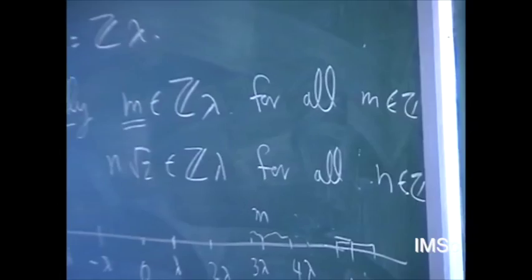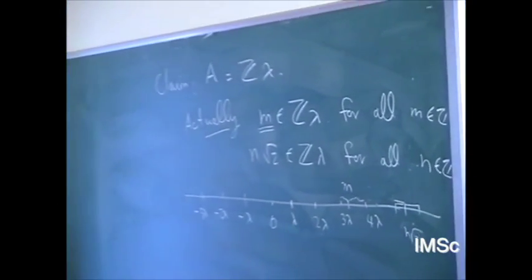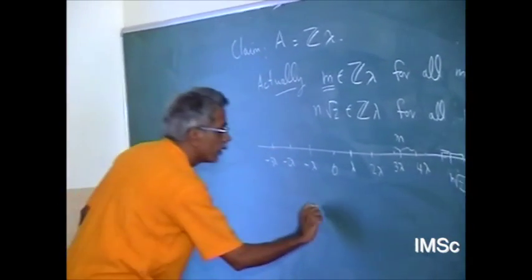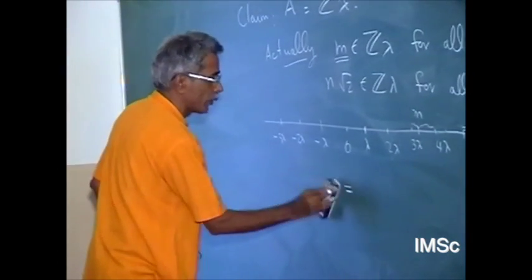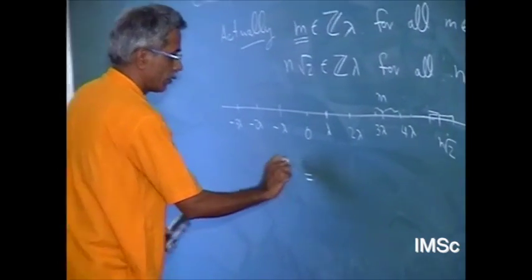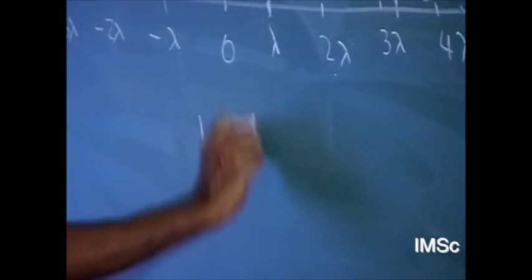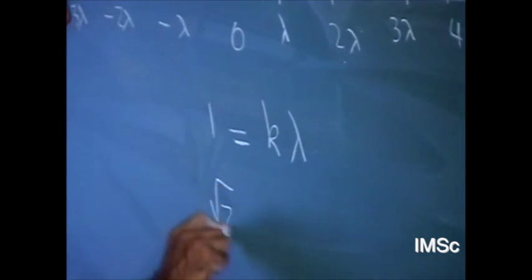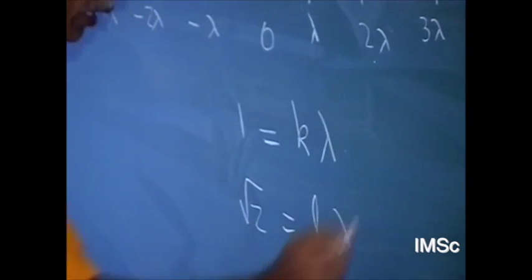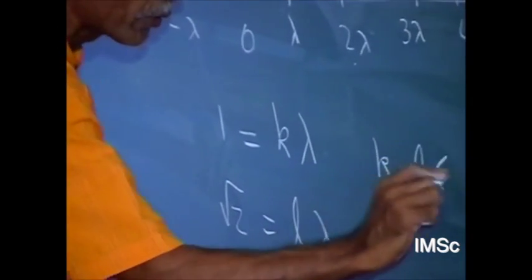After you make these observations, write what this means: 1 is equal to K times lambda and root 2 is equal to L times lambda, with K and L integers.